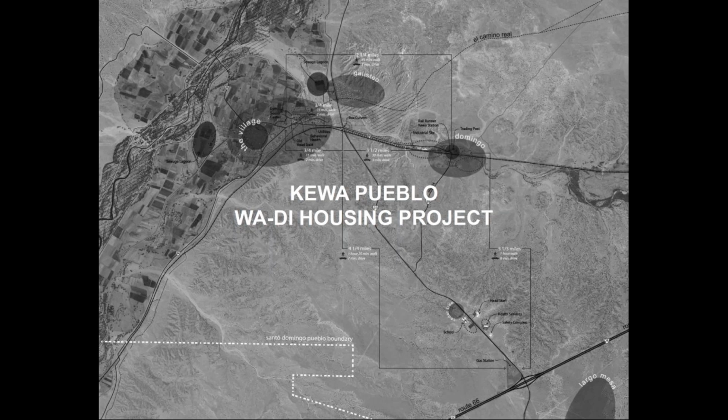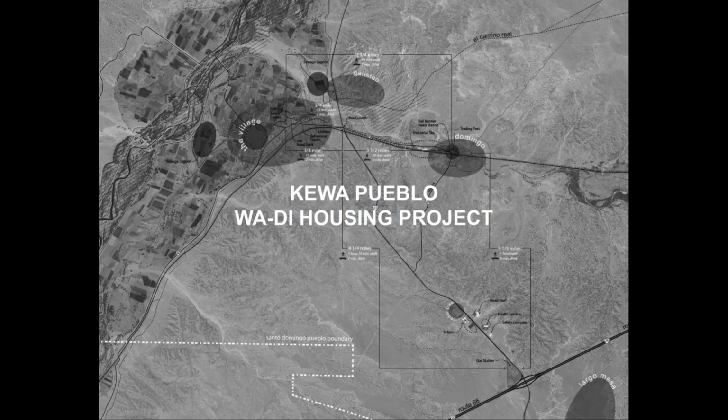As a note, there's also a heavy commuter rail that connects Santa Fe with Albuquerque, going directly through the pueblo, and the stop is located in Domingo, so it became an ideal place to develop. As part of the context, we thought about providing rental housing units just southeast of that rail stop.